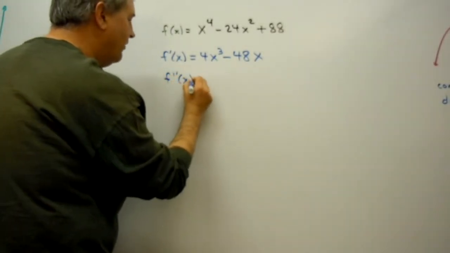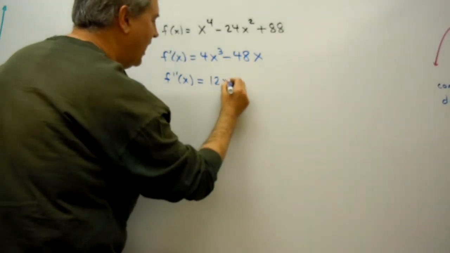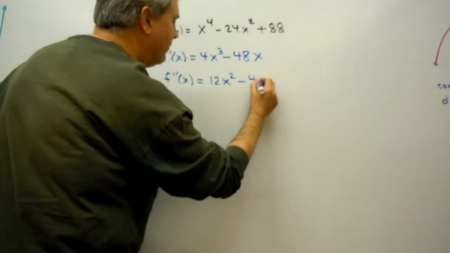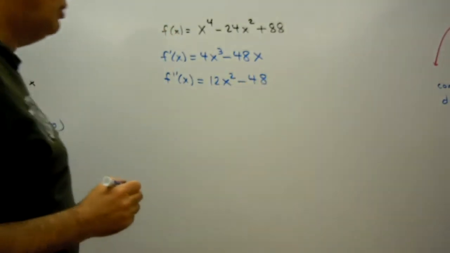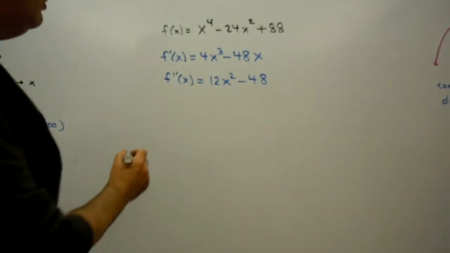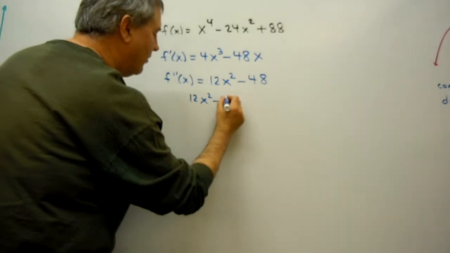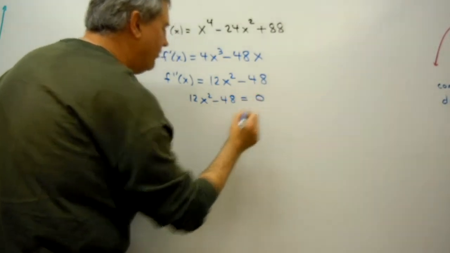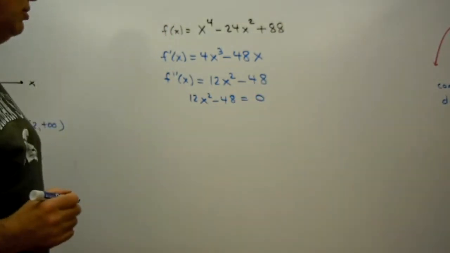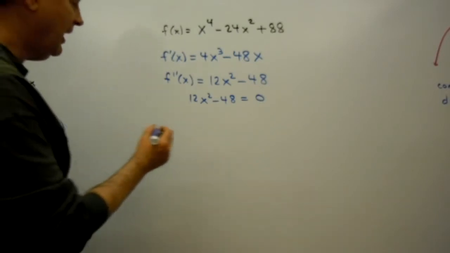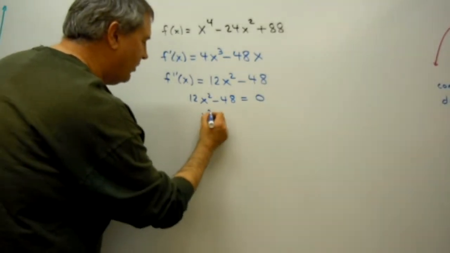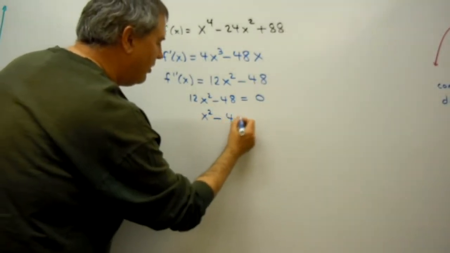The second derivative for this is 12x squared minus 48. And what we're going to do is set this equal to 0. 12x squared minus 48 equal to 0. We could divide everything by 12 and get x squared minus 4 equal to 0.